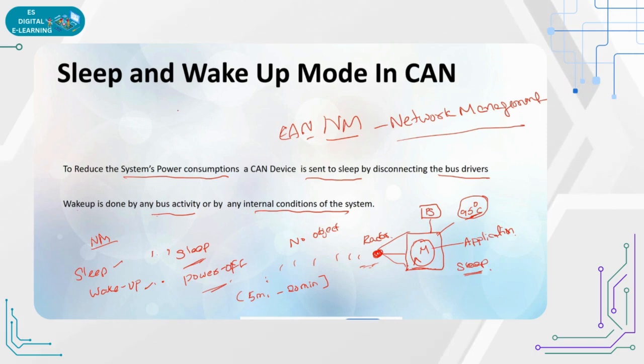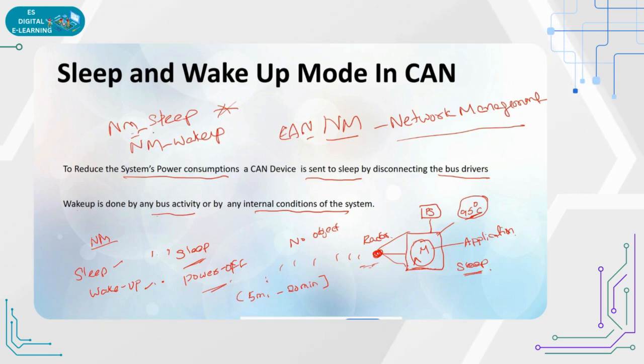Whenever you give sleep NM, the network will be disconnected. And when you give NM wake up, that is a CAN signal, guys. Whenever you do this, the ECU will wake up. That is one part of testing we usually do.